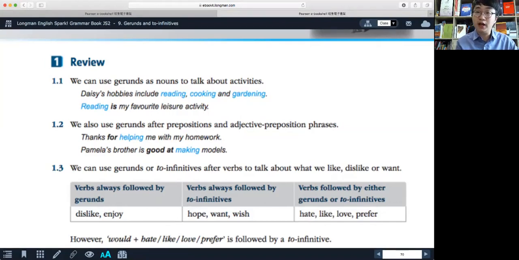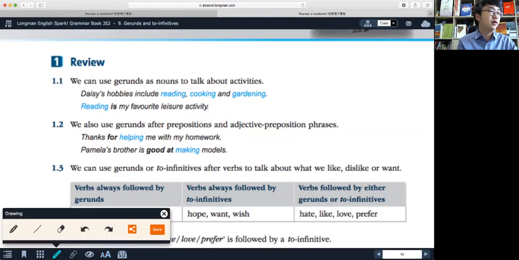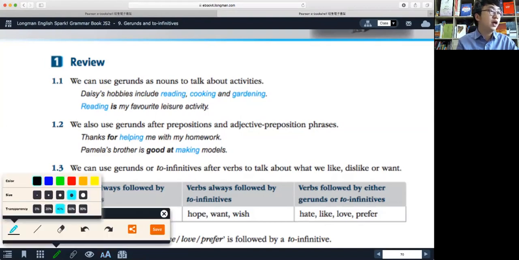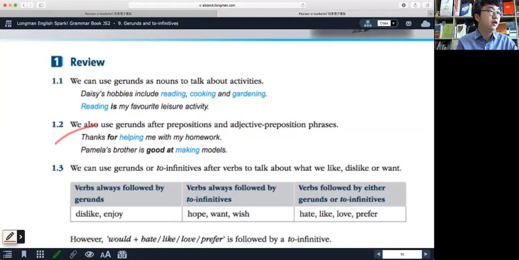So it might be a little bit difficult for some of you, but it's quite easy. Just look at here. If you can identify the part of speech of this word here. So we have for, which is a preposition. We have at here, which is another preposition. So after a preposition, we need a gerund.